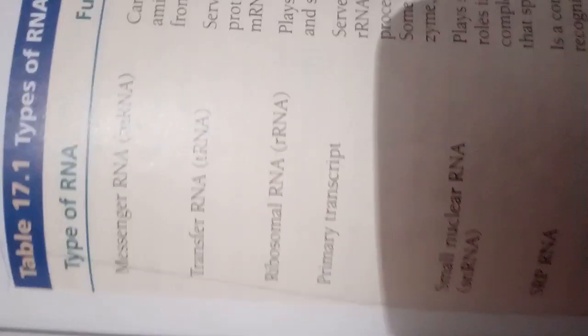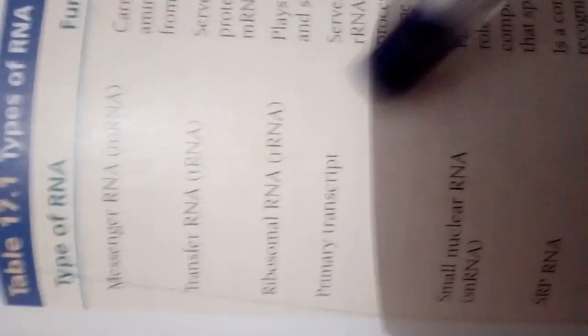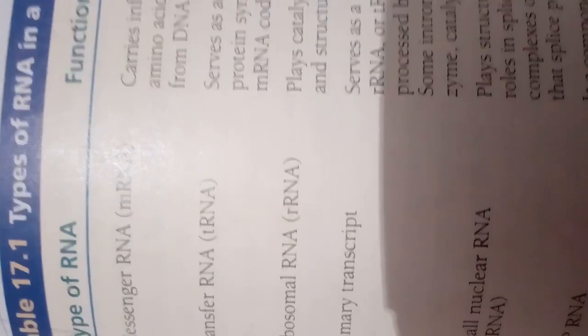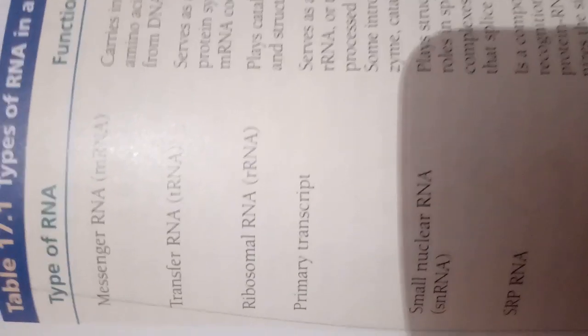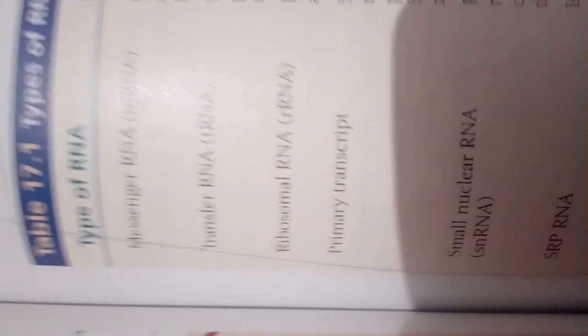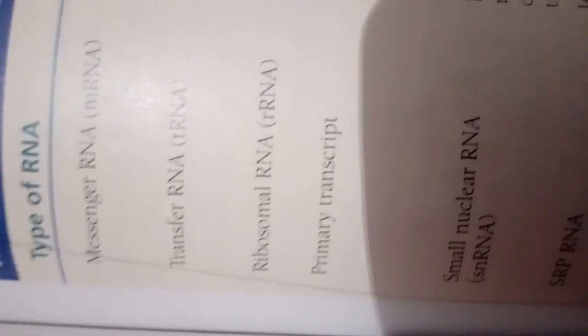Ribosomal RNA, in brackets rRNA, plays catalytic and structural roles in ribosomes. Another type of RNA is primary transcripts. The function is to serve as a precursor to mRNA, rRNA, or tRNA before being processed by splicing or cleavage.